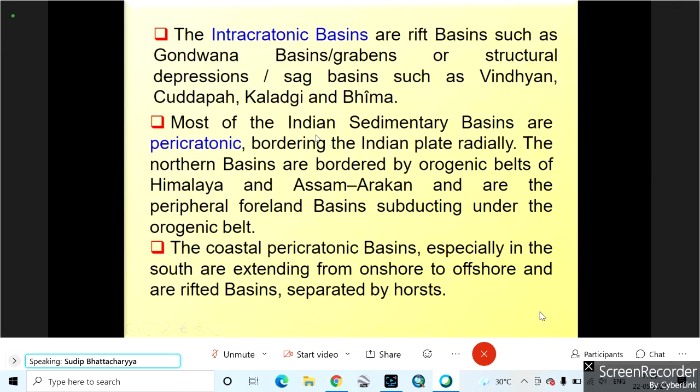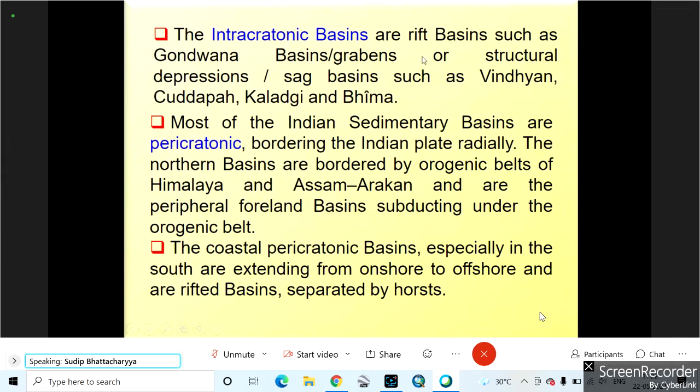Now, most of the Indian sedimentary basins are pericratonic. I just told you, bordering the Indian plate radially, and beyond that we have the foreland basins, Assam, Arakan, and Himalaya, which is the orogenic belt. The coastal pericratonic basins, especially in the south, extend from onshore to offshore, and rift basins are separated by horsts.